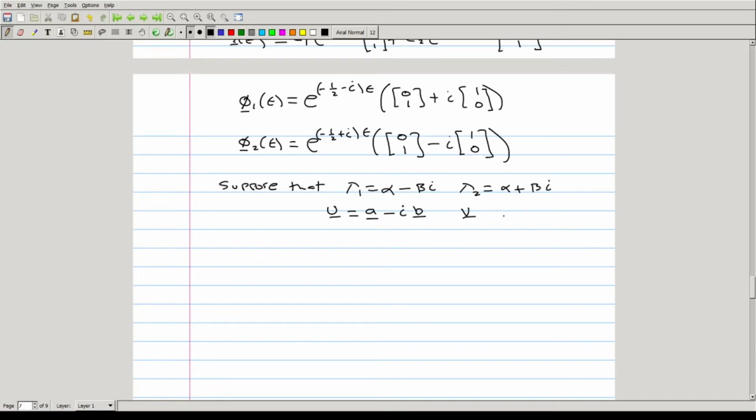So a and b are real valued, and v is going to be some a plus i times b, for some real valued a and b.